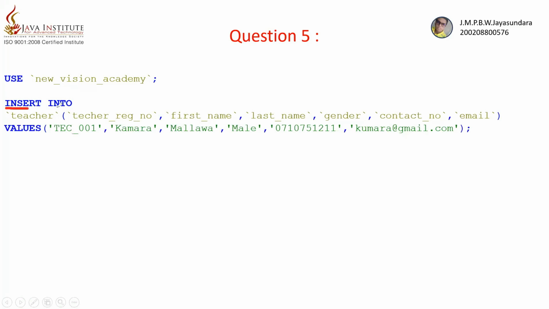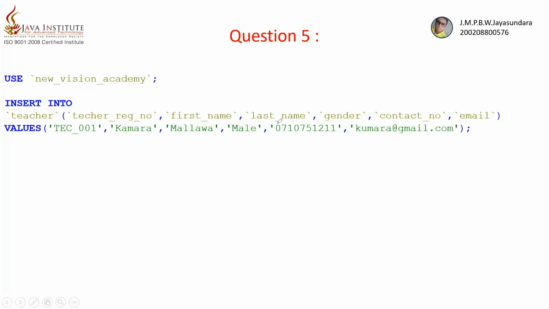We have used the insert and into keywords first, and by using them we have said insert this data into this teacher table, and this is the name of our table, and then within the opening and closing brackets we have given the relevant column names.